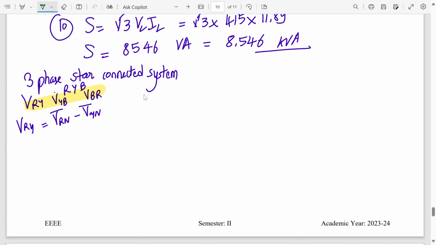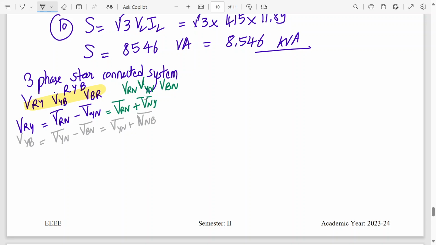And let me write my phase voltages in green color: VRN, VYN, VBN. N is the neutral point. In the diagram I can write the same thing as VRN plus VNY. Similarly, second case we have VYB, so it is VYN minus VBN, which we can write as VYN plus VNB.